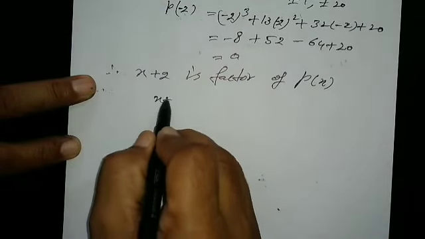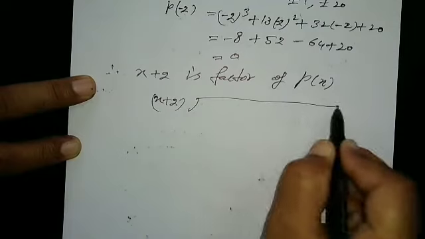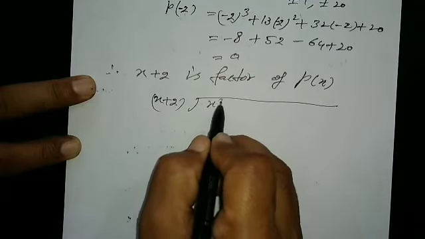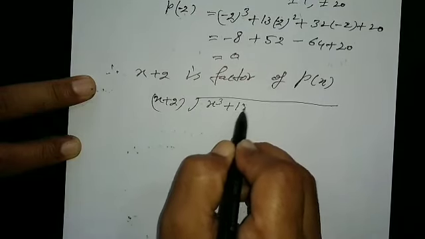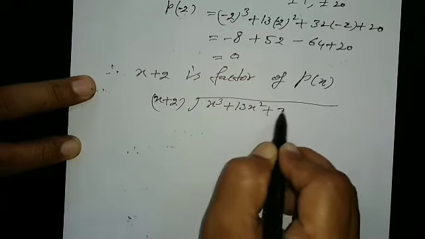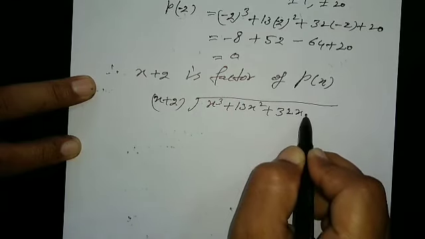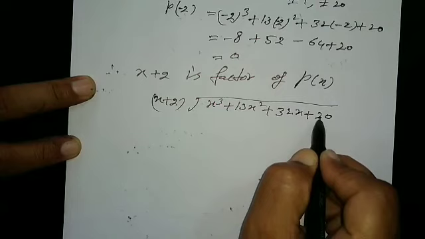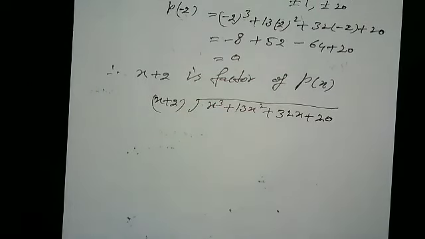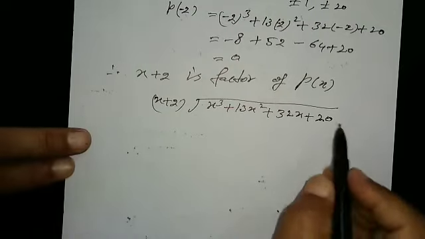Now you have to divide the above polynomial by x plus 2, and if a factor is of a polynomial, then the remainder must be 0, so it can be reduced to a lower degree polynomial.